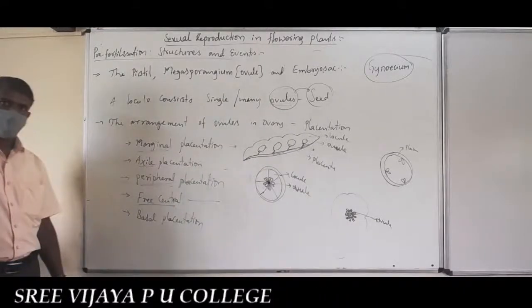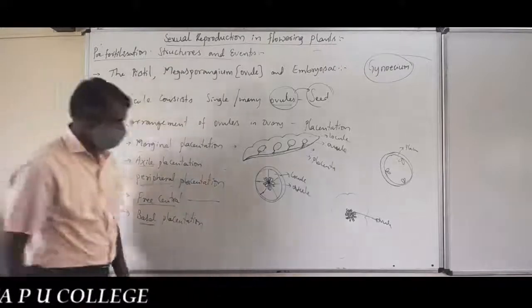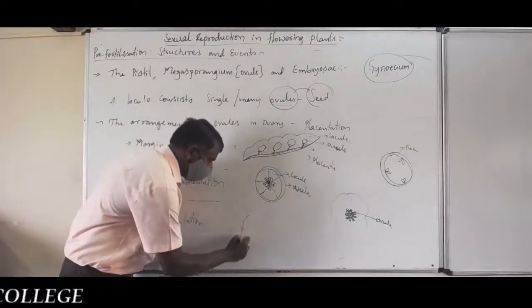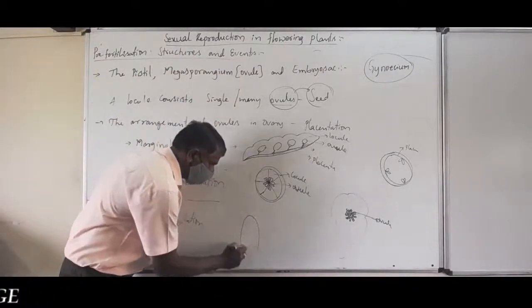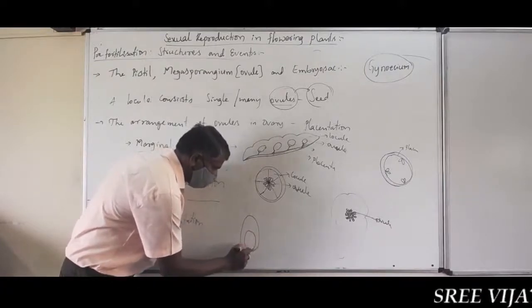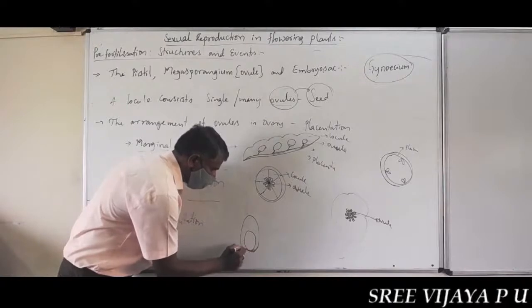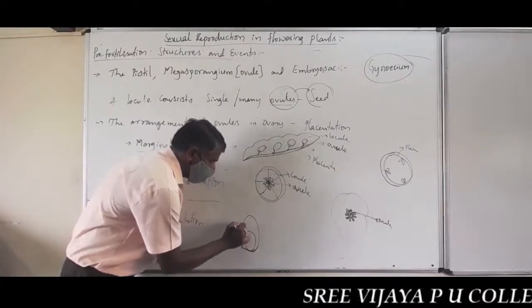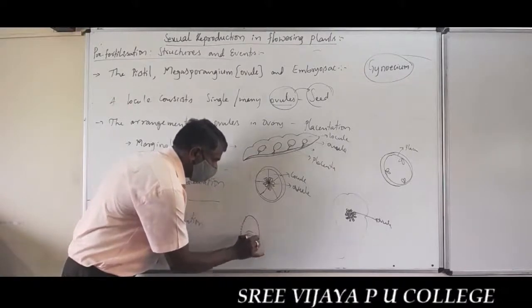The last type, basal placentation, is seen in the sunflower fruit. The seed is attached to the base of the fruit.